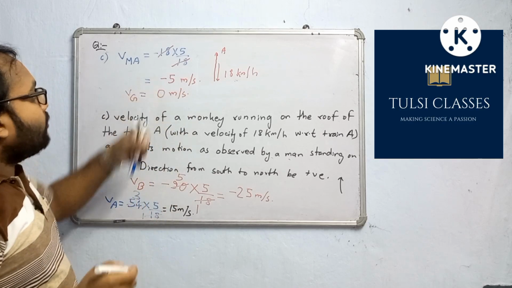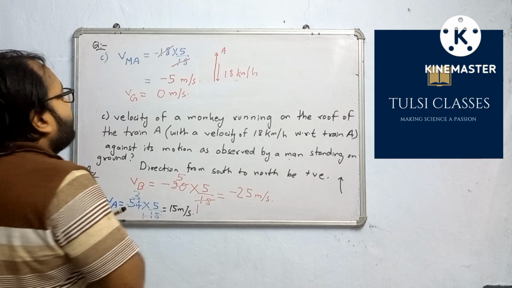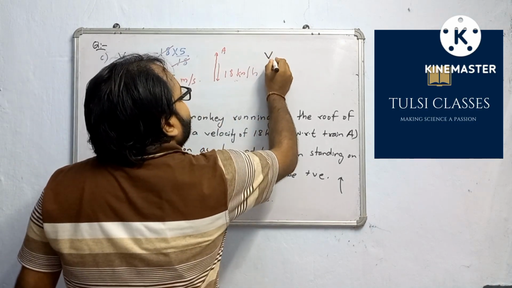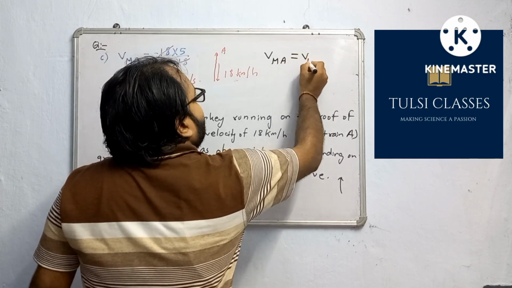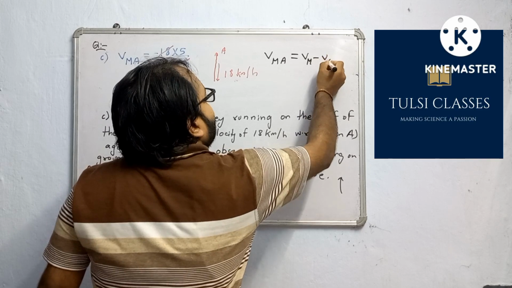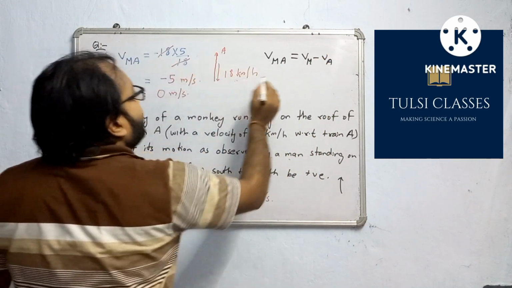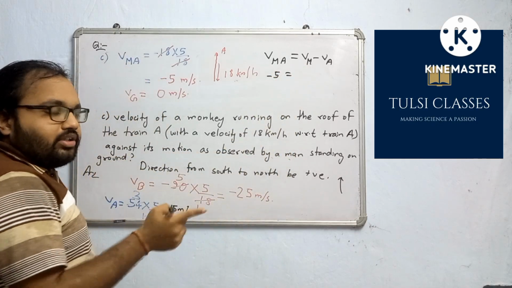So according to the formula, VMA is equal to VM minus VA. VMA is minus 5, equal to VM, we have to find this VM.